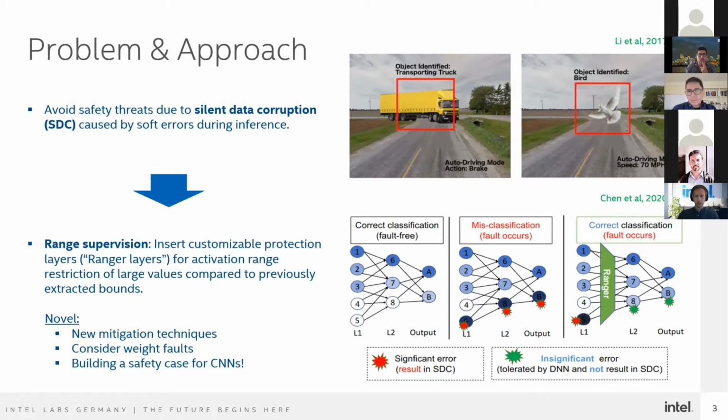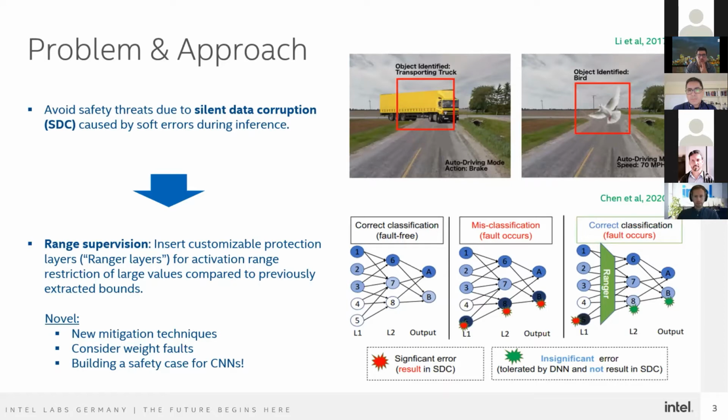So that's why we insert these protection layers in between critical layers of the network. And these layers do nothing else but bring back abnormally large values to reasonably large values. And of course, the question is, what is reasonably large? So we need to extract some kind of expected thresholds beforehand with an independent test data set.